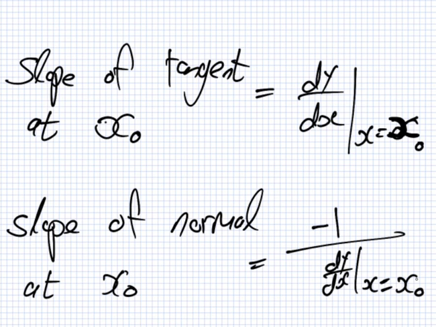Right, let's have a look here. So firstly, here is the tangent, but you don't want the tangent, you want the normal. Now, if y equals sine x, y equals sine pi over 3. What's sine pi over 3? Root 3 over 2.